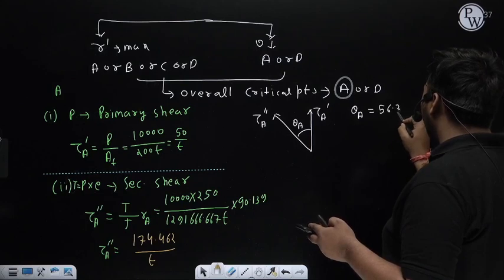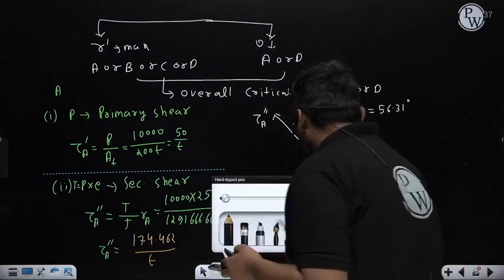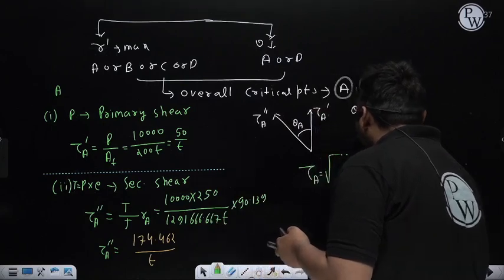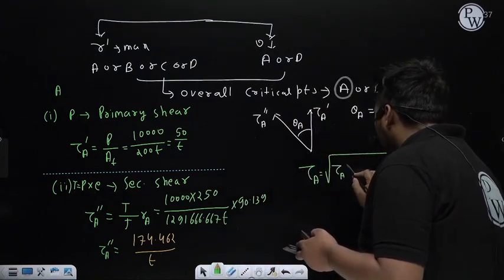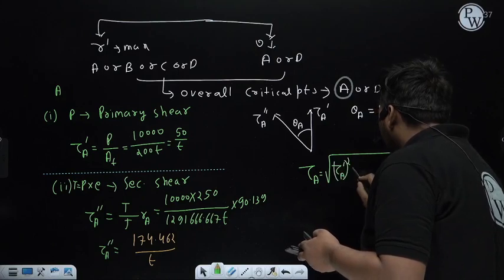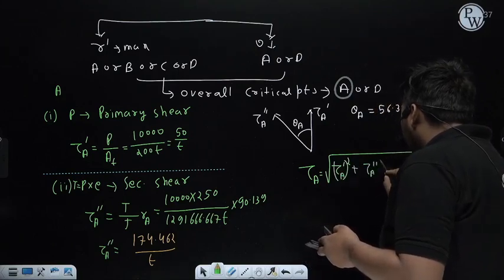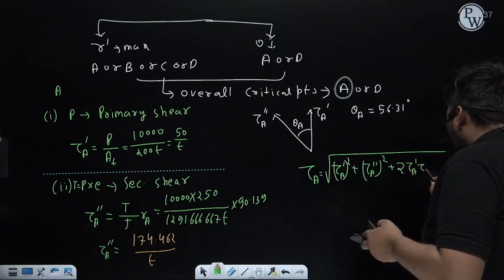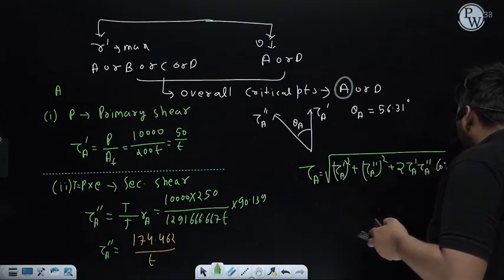So now you can calculate resultant shear stress at point A. Now the formula to calculate resultant shear stress at point A, that is tau A, is root over tau A dash square plus tau A double dash square plus 2 tau A dash tau A double dash cos theta A.